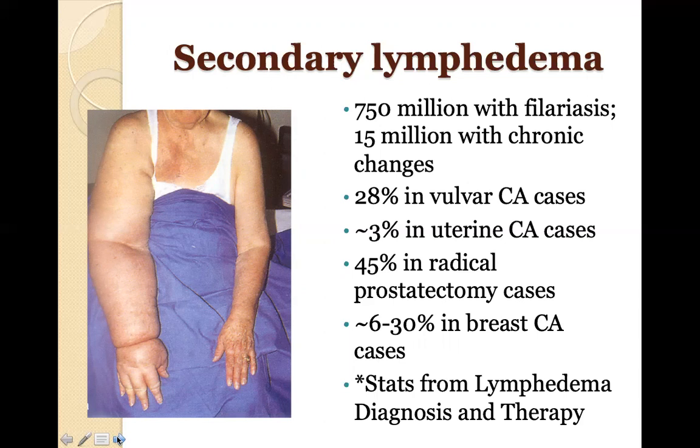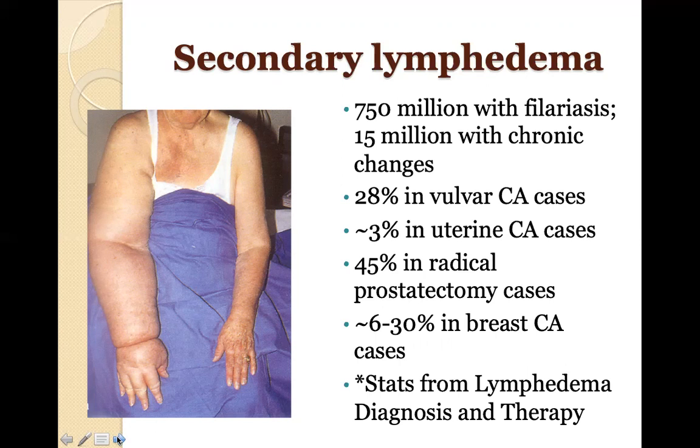Well, 6 to 30% is a wide range, and you see ranges even wider than that sometimes. It depends on many, many factors: how aggressive the cancer was, how aggressive the surgery was, whether it was breast conserving surgery or not, and how many lymph nodes were removed. So there are many, many factors that enter into that.